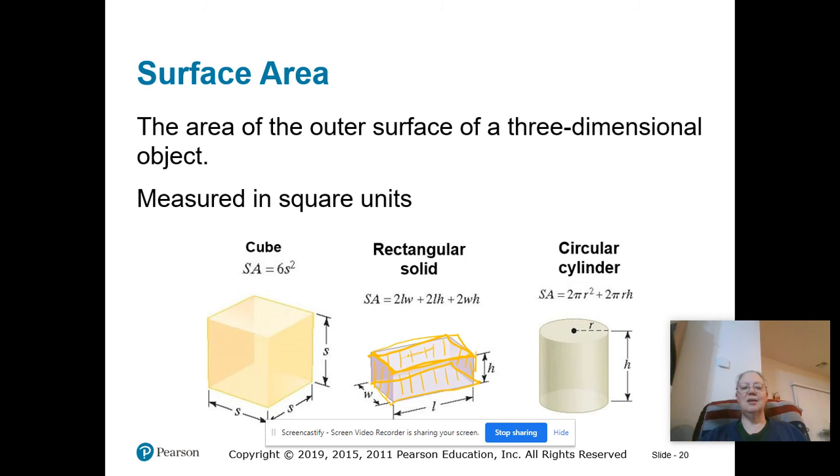Notice I had a top and a bottom that was the same, and I had two sides that were the same, and I had two ends that were the same. So that's why we have two of these, two of those, and two of those.